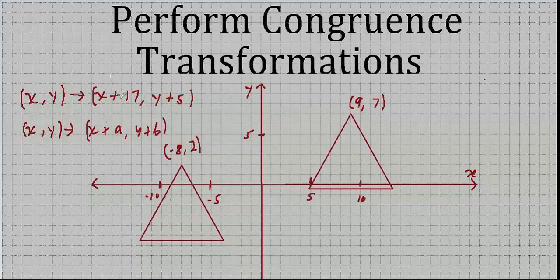In fact, if you want to reverse this translation, you would start here and go that way. You could write (x, y), let me put it down here, give myself more room, goes to what? x minus 17 and y minus 5. That'll push us 17 units back over and 5 units down and put us right back where we started.